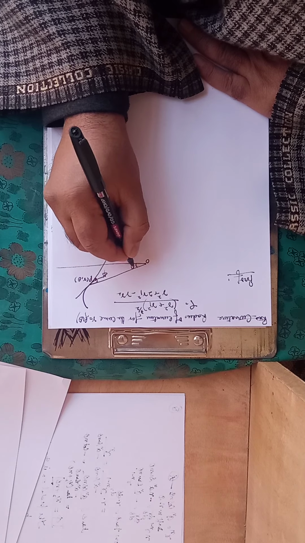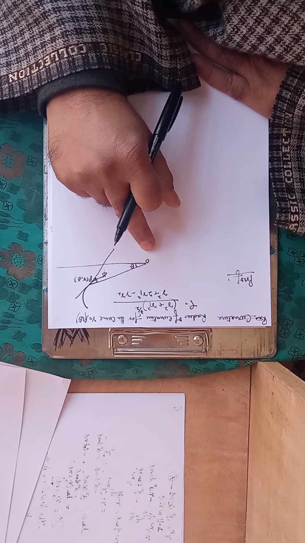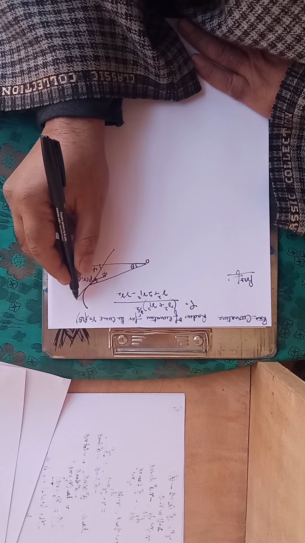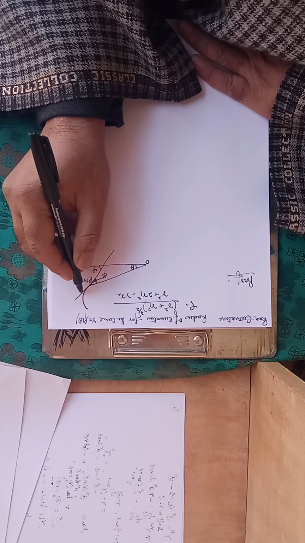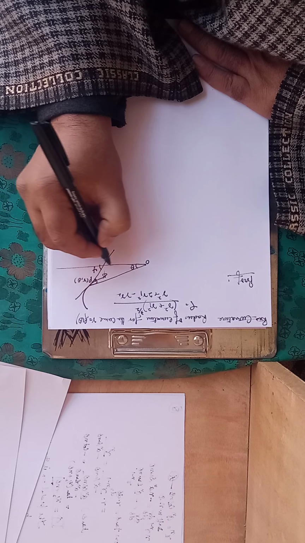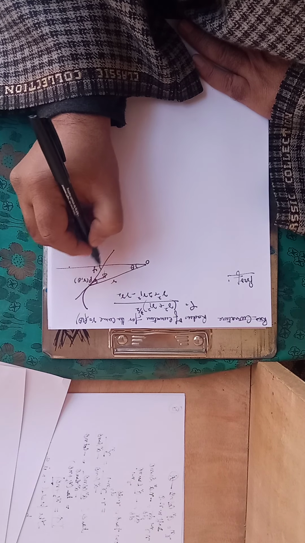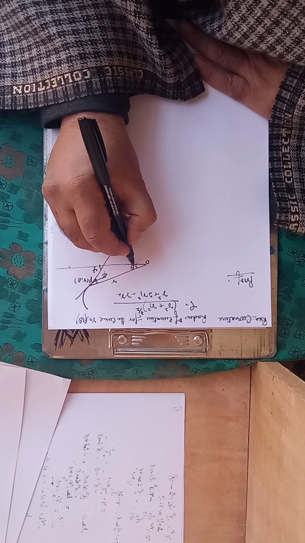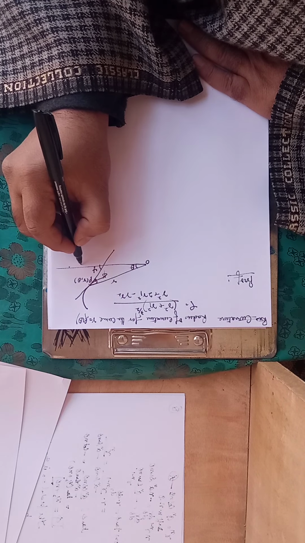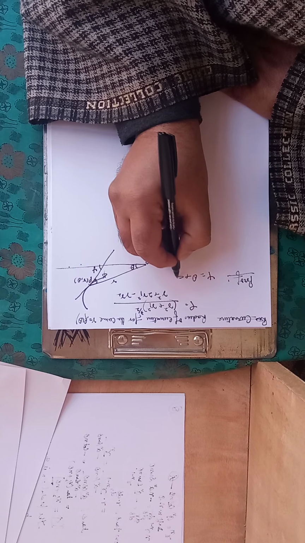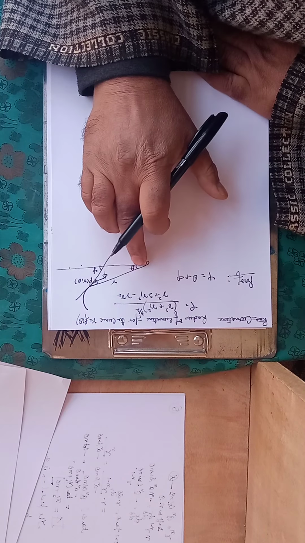This is theta. This we have done in tangent and normals also. And this is psi. This is the tangent, and this tangent makes angle psi with the initial axis. This is the angle between the radius vector and the tangent. This is theta, the angle between the radius vector and the initial axis. You know, psi is theta plus phi. Simple.